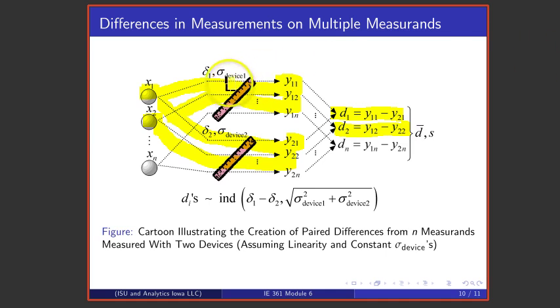If you take the device 1 measurement and subtract the device 2 measurement, those differences have average, that is the difference in the two biases, so it's this delta 1 minus delta 2, and have standard deviation, that is the square root of the sum of the squared device standard deviations.